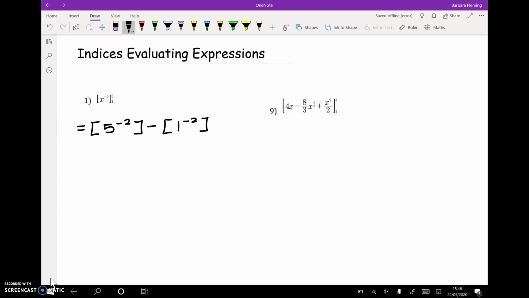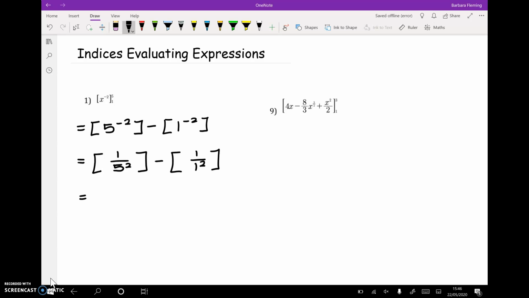Now 5 to the power of negative 2, we're going to evaluate this without our calculators, so we need to use our indices rules. To deal with that negative power, which is making this a bit of a challenge, we turn it into a fraction, so we have 1 over 5 squared. Take away, and do the same for here, 1 over 1 squared, dealing with that negative power.